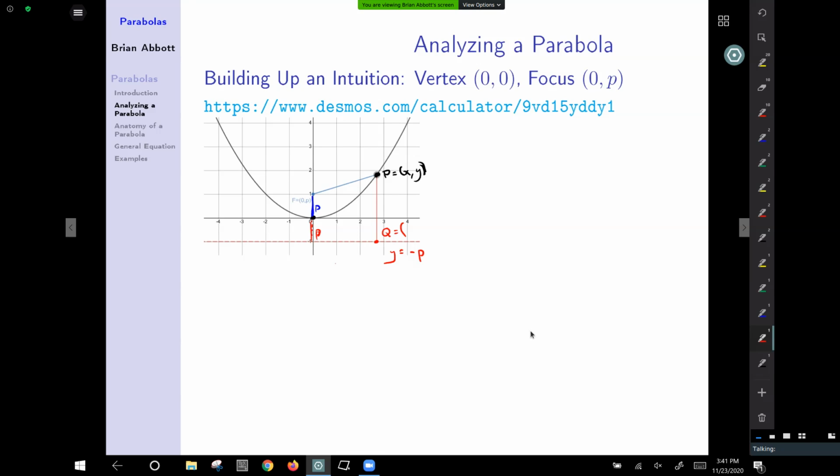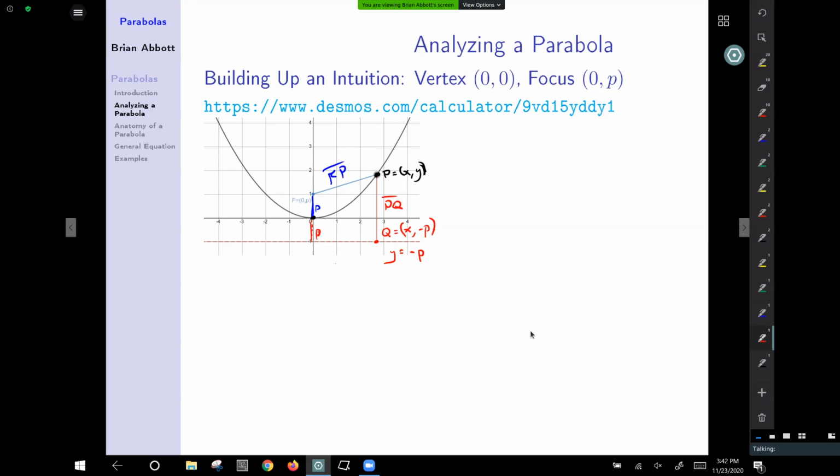Q shares the same x coordinate as the point P above, so it's going to be x, comma, but its y coordinate is on that horizontal line, so it's negative p, so it's got a different y coordinate. So let's see. This blue line we could label as line segment FP, and this red line we could label as line segment PQ.